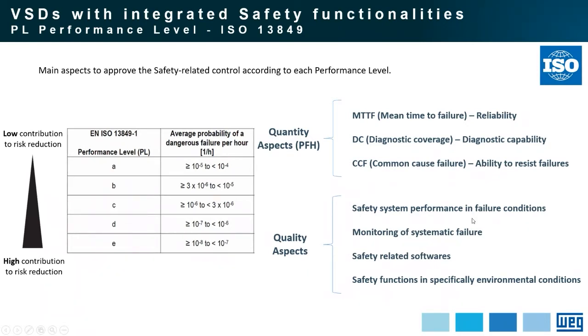And so the standard defines some conditions that it's necessary to follow, to design the machines, to find and to monitor all the systematic failures. Additionally, this standard also checks the safety-related software, because when we are talking about safety, it is not only hardware, but also software that does all the system monitoring.